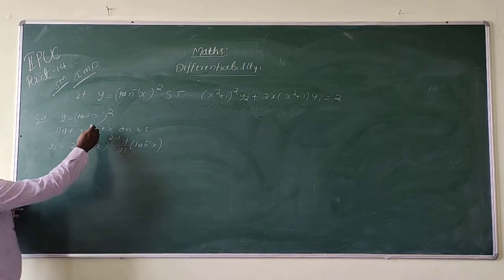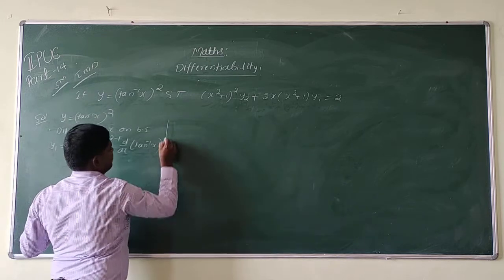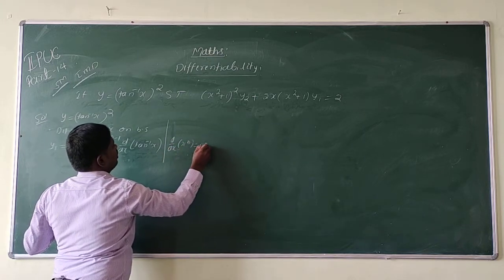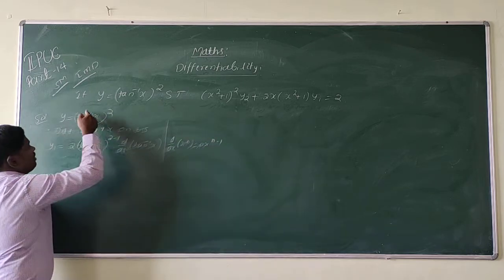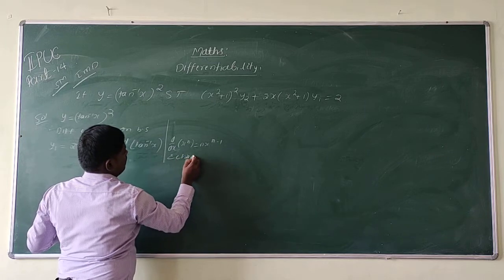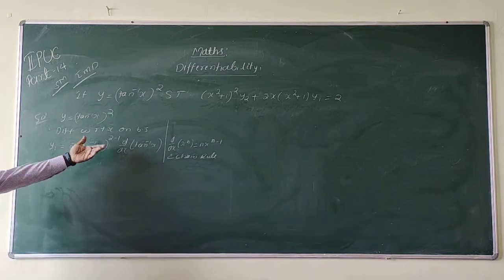So using chain rule, d by dx of x to the power of n is n into x to the power of n minus 1. So we are going to use these two formulas here, the chain rule and x to the power of n.